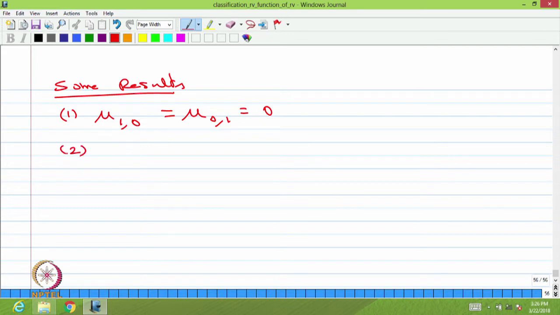Second result: suppose you put i equal to 2 and j equal to 0.